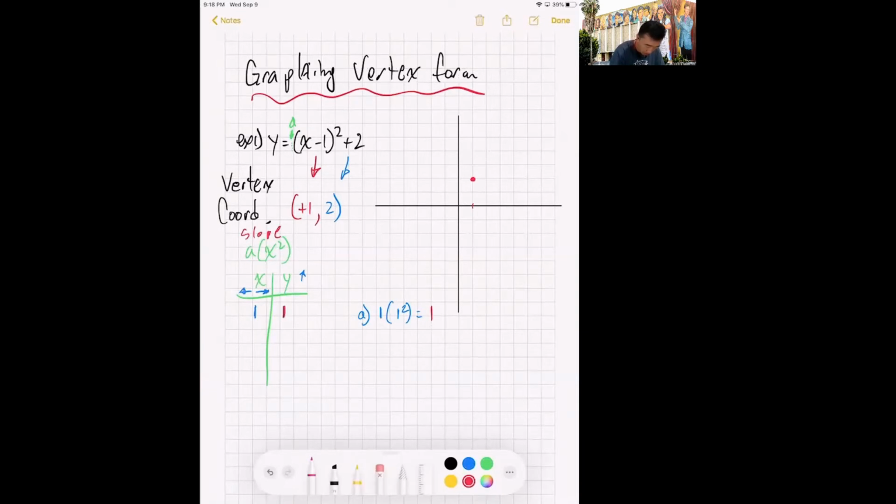So we're going to put that 1 here. All right. Let's do another one. 1 times 2 squared. Okay. And the x is always going to be 1, 2, and 3.